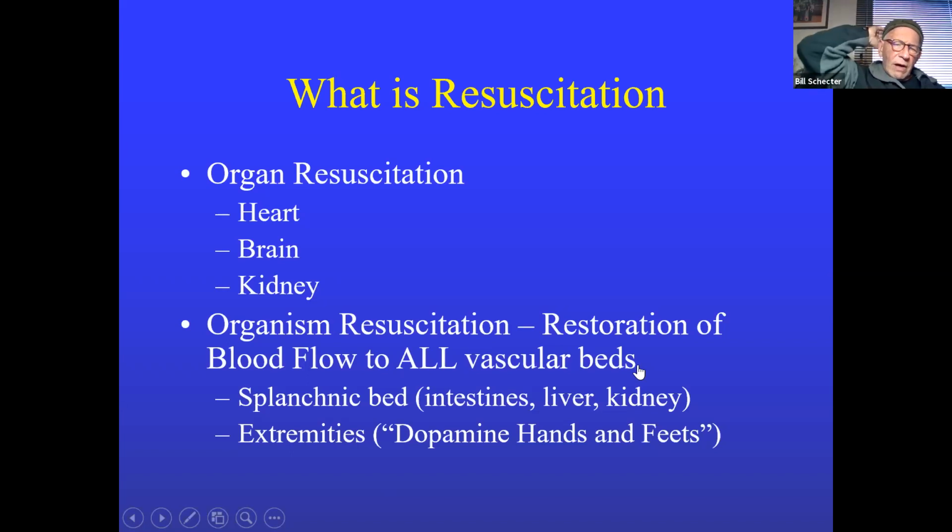So I don't know how many of you have ever seen dopamine feet, where you've got gangrene of the toes and the fingers because the patient was in profound shock and was on such high levels of vasopressors to keep the patient alive that there was no blood flow going to the extremity, to the fingers and the toes, and they died.